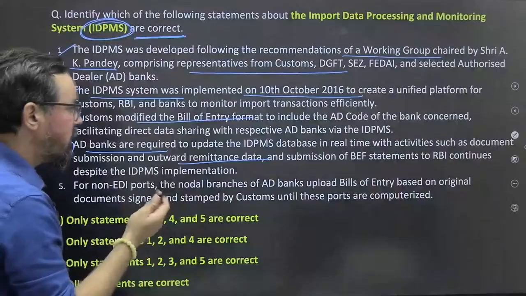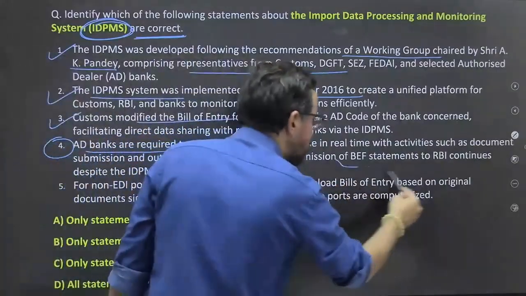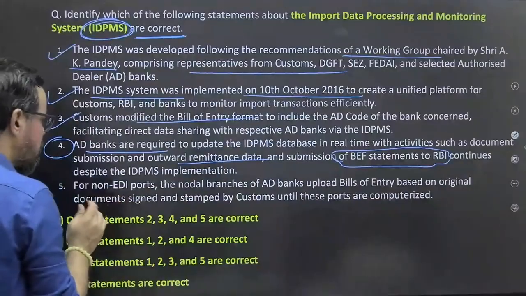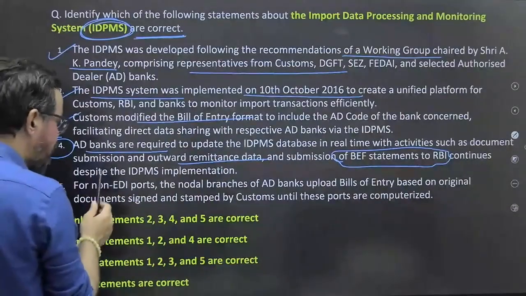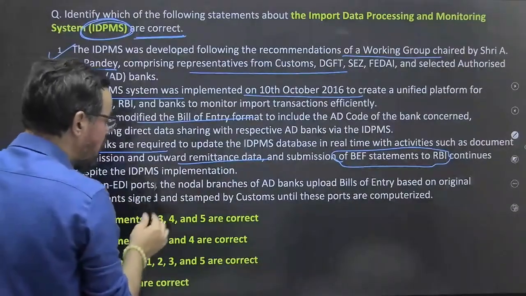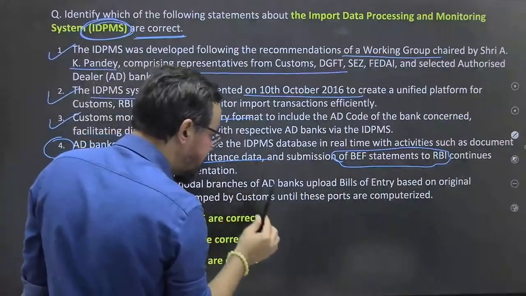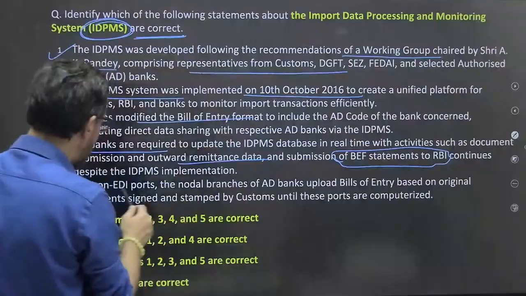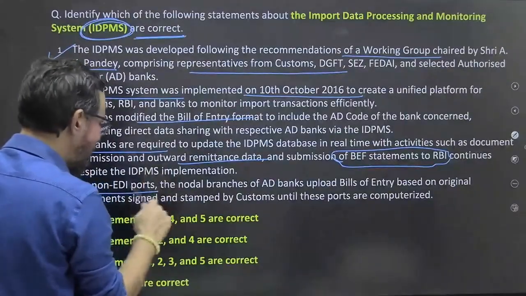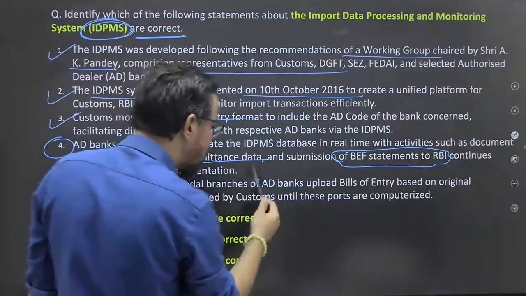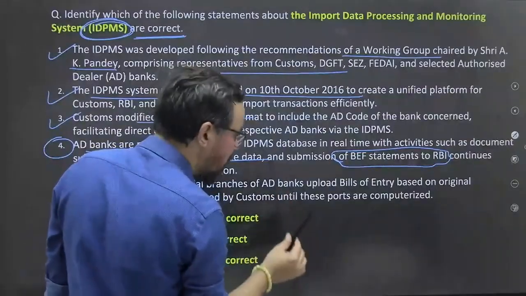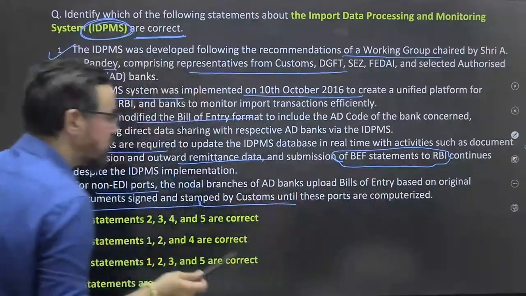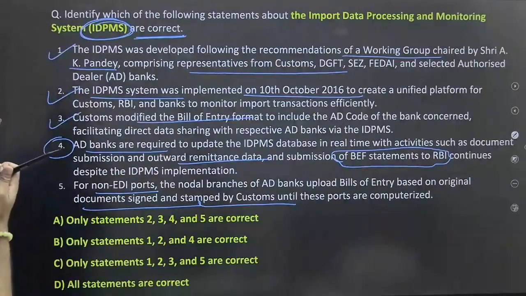And this B, I guess this statement is also abolished by RBI now, okay, this is not part of the system now. For the non-EDI port, the nodal branches of authorized dealer banks upload the bill of entry, okay, based on the original document signed and stamped by customs until these ports are computerized.